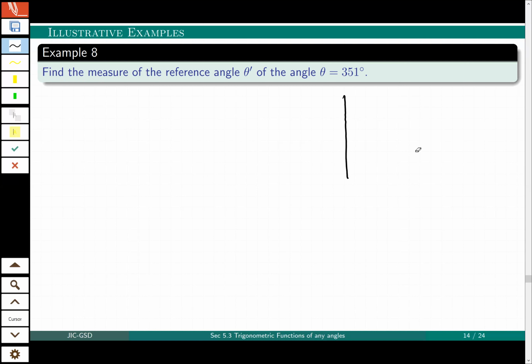We go to the x-axis, we say this is 0, that's 90 degrees, that's 180 degrees, that's 270 degrees, and when we complete the circle, it will be 360. When we say 351, it means it's more than 270 and definitely less than 360.